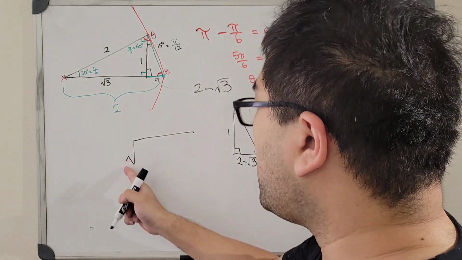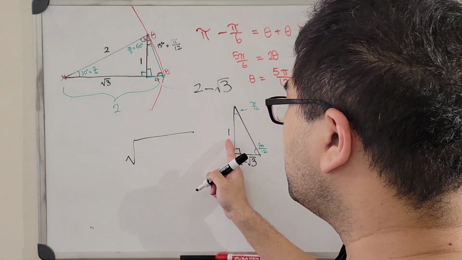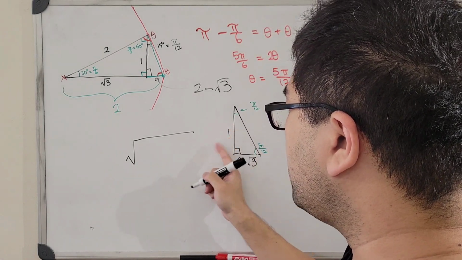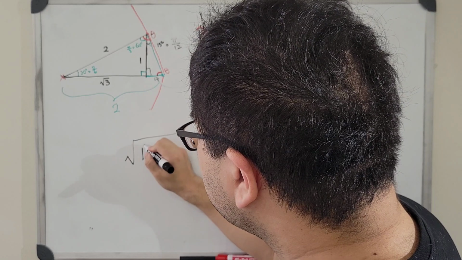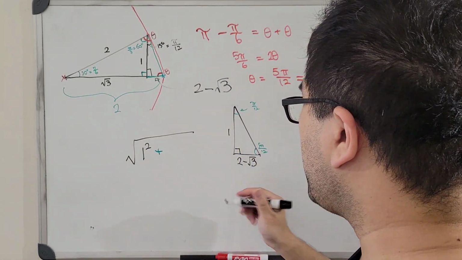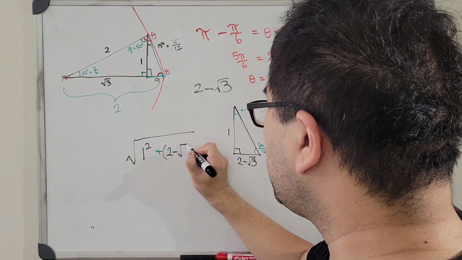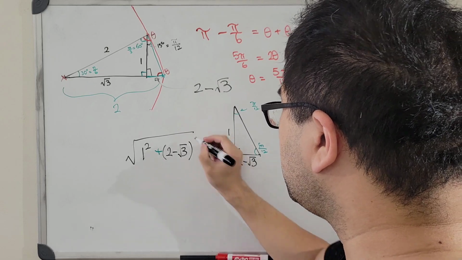So we will have the positive square root of the square of the first leg, which is 1 squared, plus the square of the second leg, which is 2 minus radical 3 quantity squared.